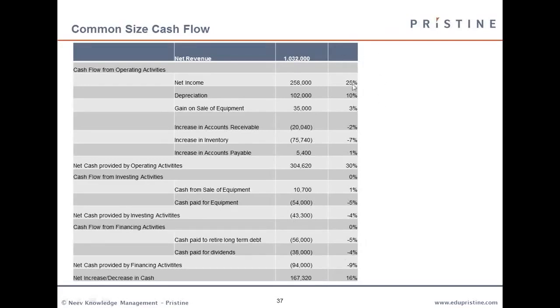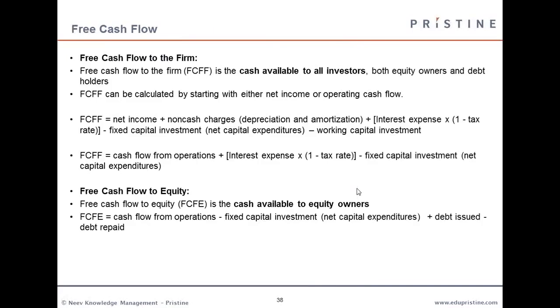All the items are expressed as a percentage of net revenue. Here we can say there is a decrease in accounts receivable, there is an increase in operating activities cash provided, which is good. That way we can analyze the company.